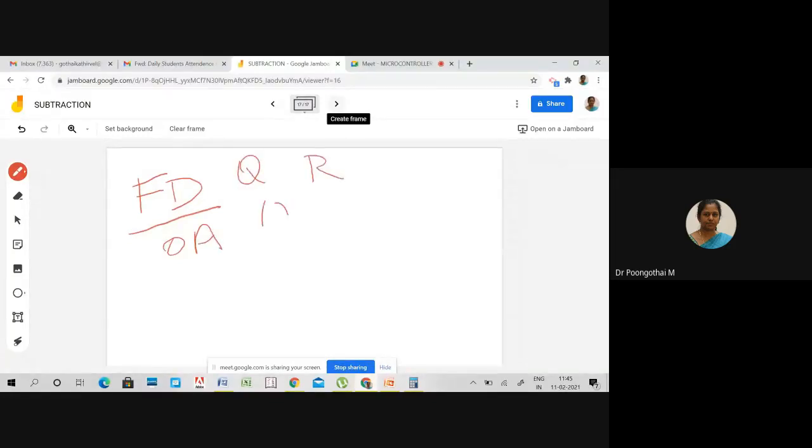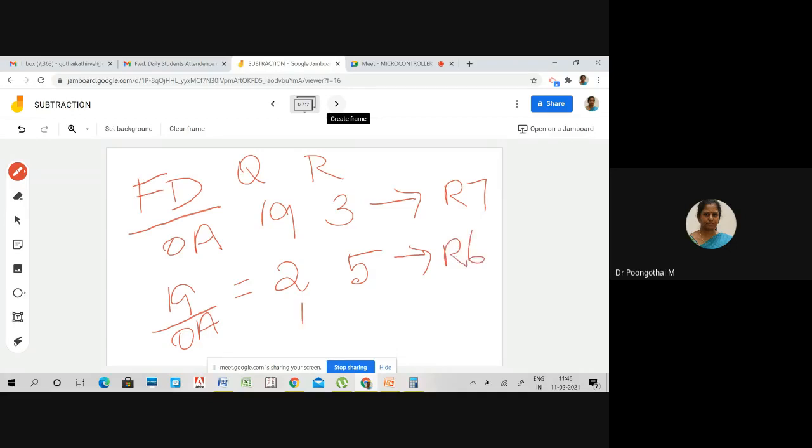Your quotient is 19, remainder is 3. So we have to perform division until your quotient is less than 10, that is less than 0A. Again 19 by 0A, the quotient is 2 and the remainder is 5. So store this in R7, this in R6 and this in R5.